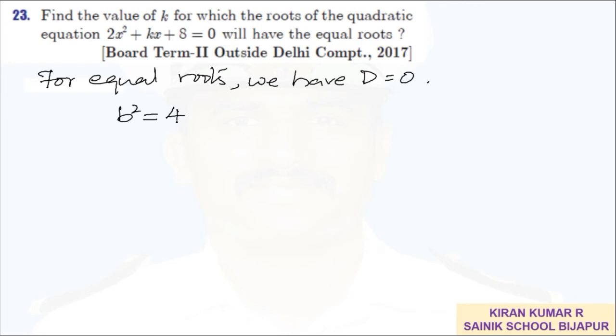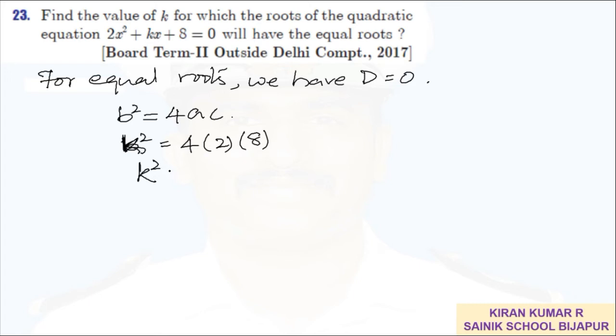I transpose 4ac to the right hand side, I'll get b square equal to 4ac. Now b square is k square equal to 4 times a is 2 and c is 8. 4 eights are 32, multiplied by 2 is 64.